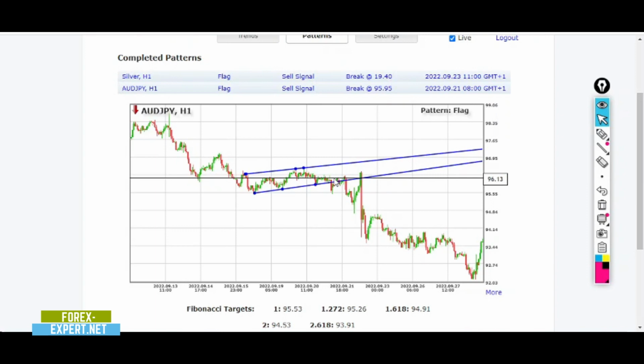It's been tested so many times: one time, two, three, and the other five, six times. So a very important price structure. And then it started to go down, reaching 92.13. So another nice trade here on the 1 hour time frame.